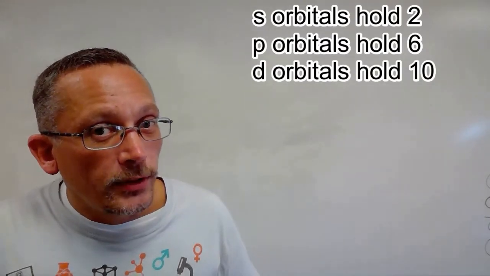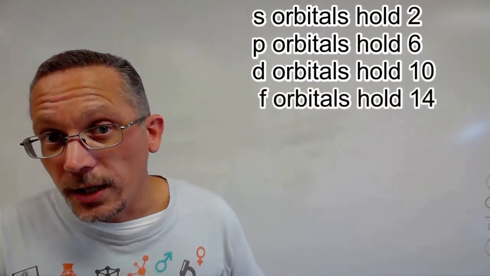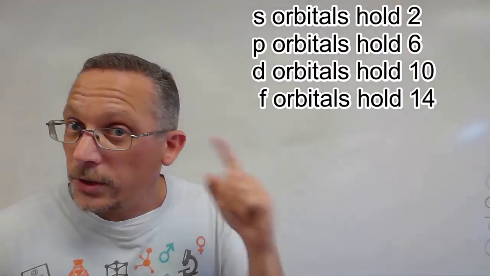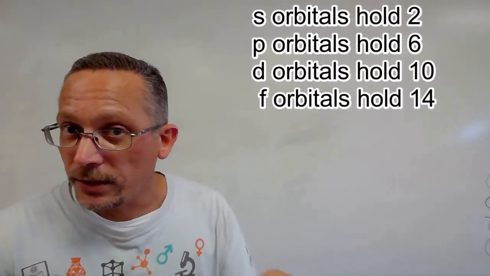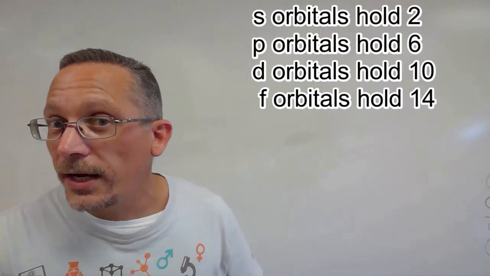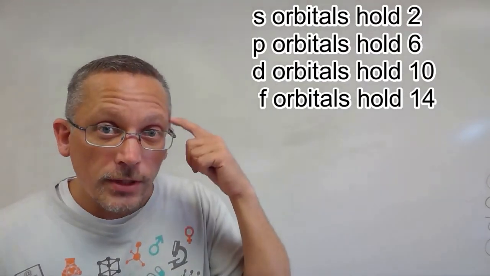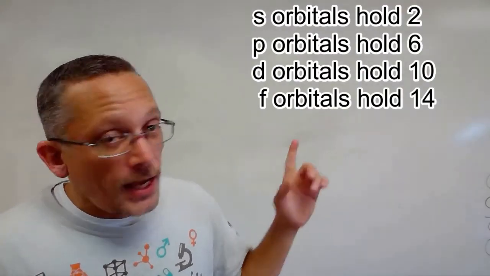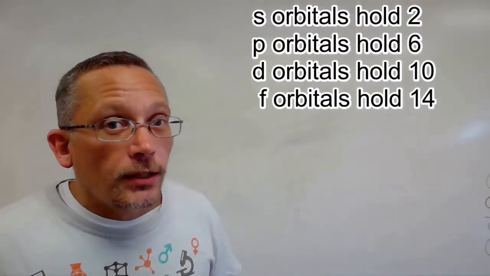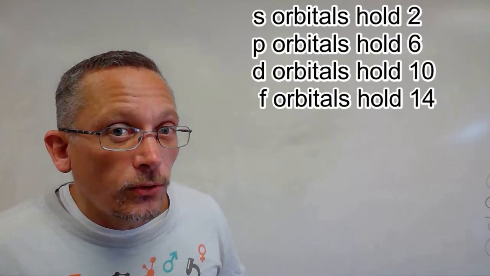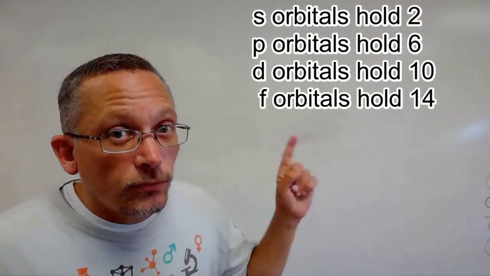And an f orbital can hold 14 electrons. These numbers are going to be important for us to know and remember as we're writing electron configurations. I'm going to show you how to write out the electron configuration in just a minute. So an s can hold 2, a p can hold 6, a d can hold 10, and an f can hold 14 electrons.